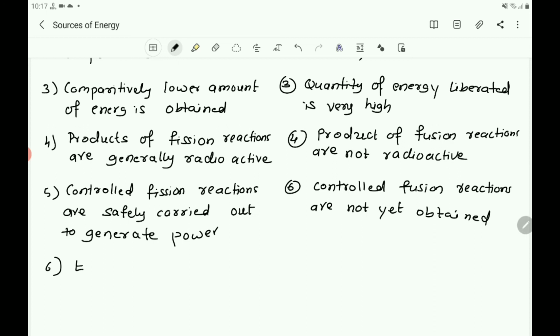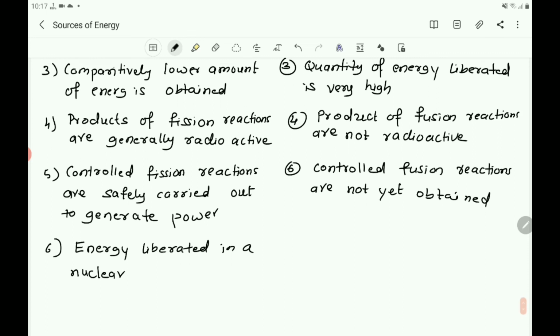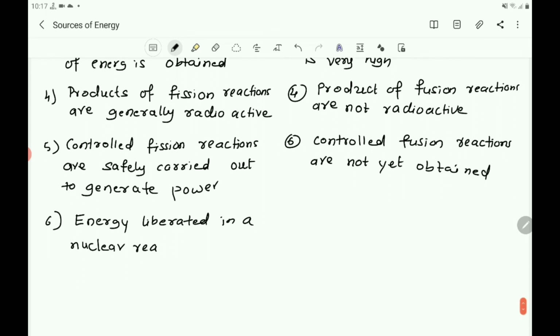So you take here the nuclear energy is energy liberated in a nuclear reactor due to splitting of uranium nuclei.